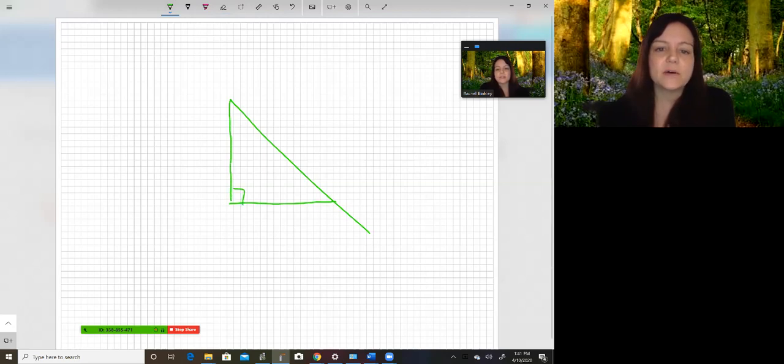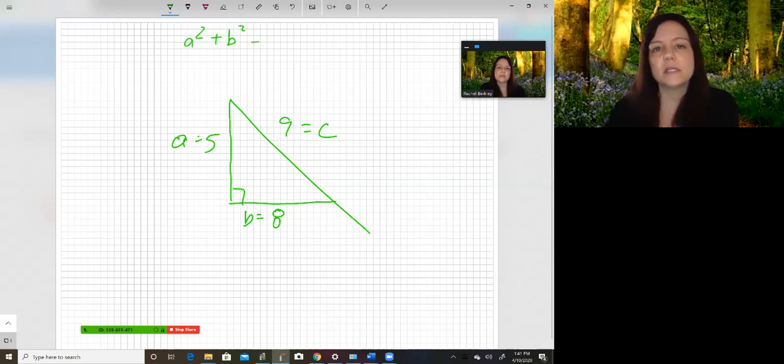Okay, so 8, 5, 9. Let's check if A is 5, B is 8, C is 9, is A squared plus B squared equal to C squared? 9 times 9 is 81, so C squared is going to be 81.